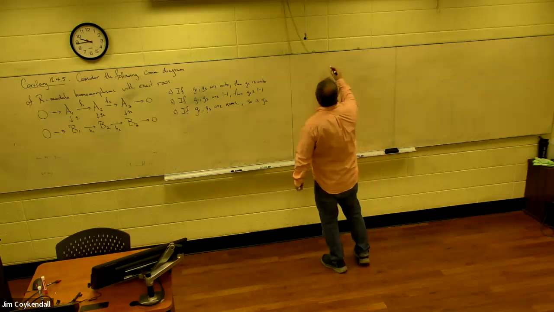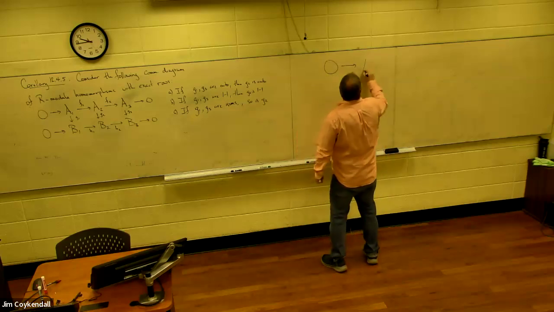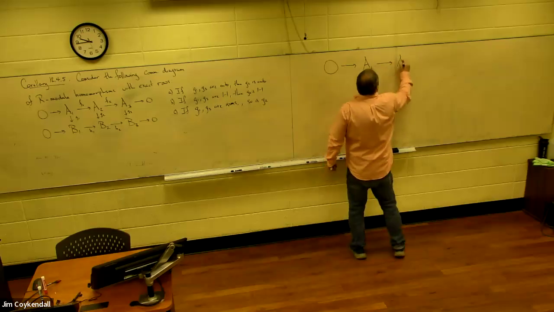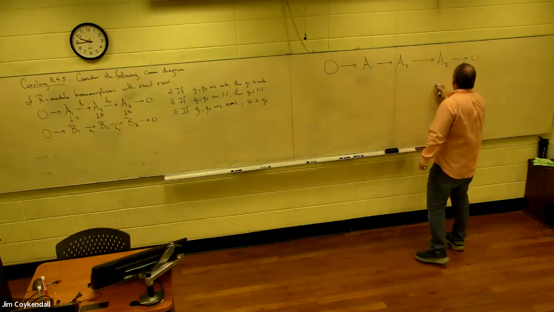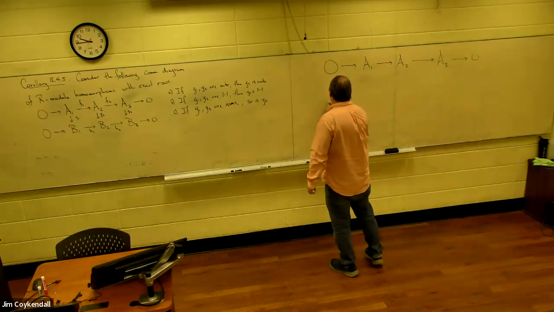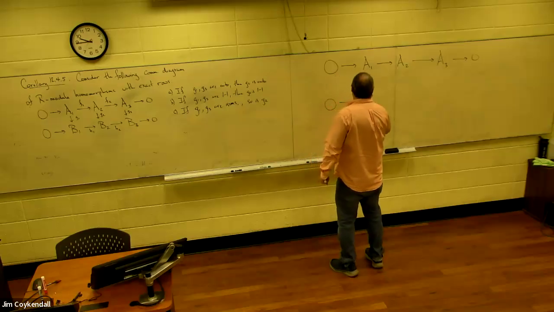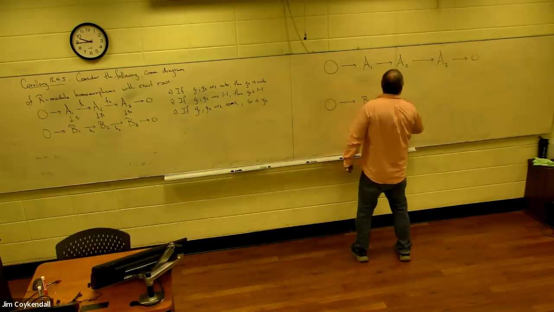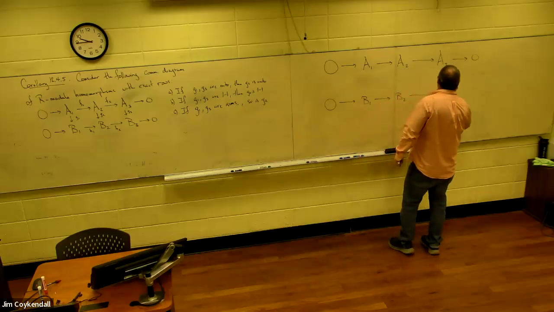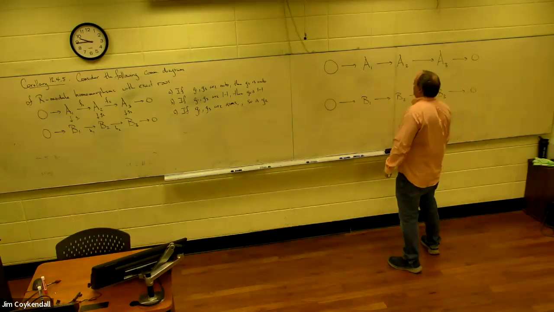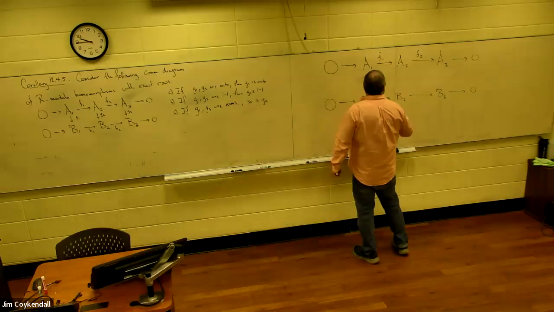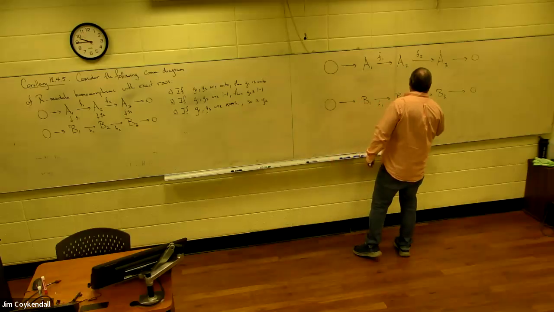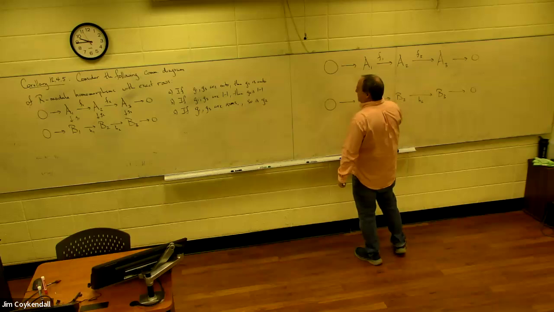So we have 0, A1, A2, A3. I'm going to talk through most of the details, and this is why this is really a lot of fun to do on a whiteboard, and maybe less so to actually write down on a piece of paper.